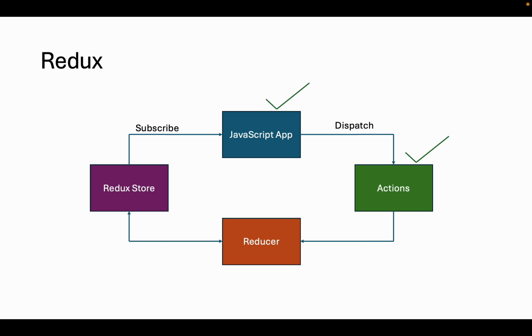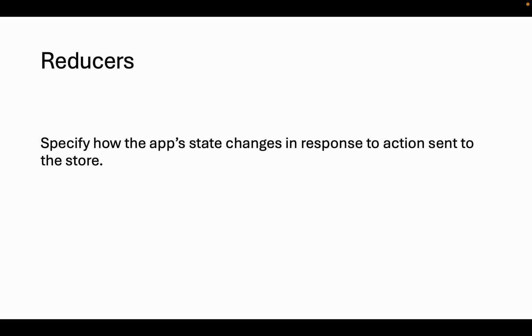As you know, in our last tutorial, we had learned about the actions for Redux. Now that we have learned about the JavaScript app and actions, it's time to learn about reducers. So what are reducers actually? Reducers specify how the app's state changes in response to the action sent to the store.